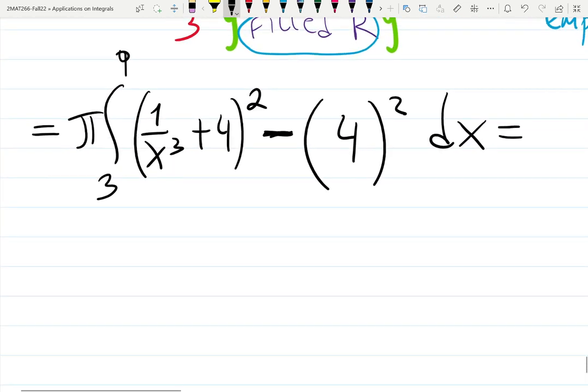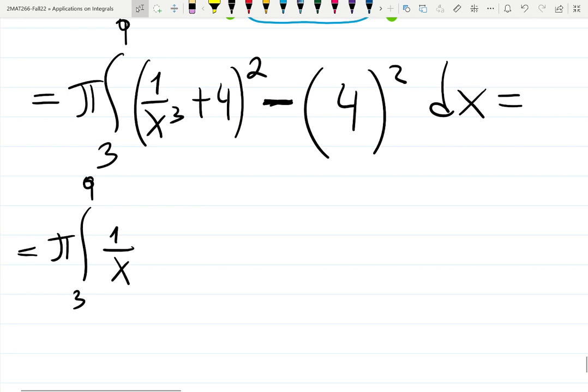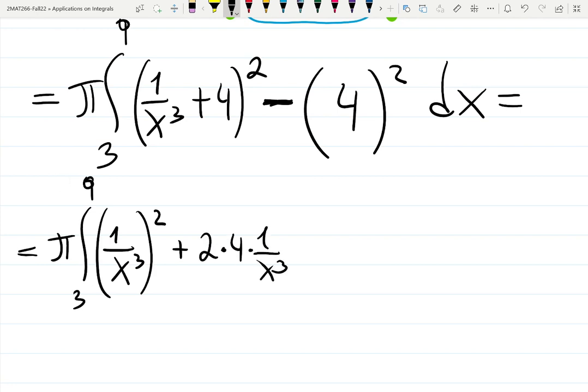Simplifying the first one. By simplifying, we're going to use the formula square of sum. 1 over, is it cube, right? Yeah. 1 over cube, everything squared. So it's going to be x to the 6 in the denominator plus double product of 1 over x cubed and 4, plus 16 minus 16.